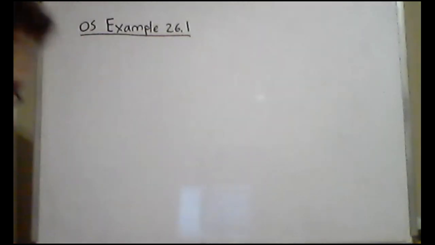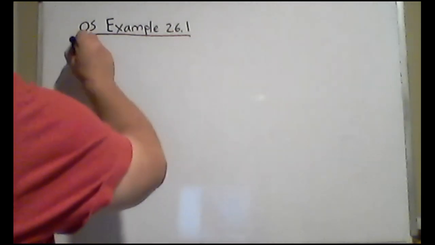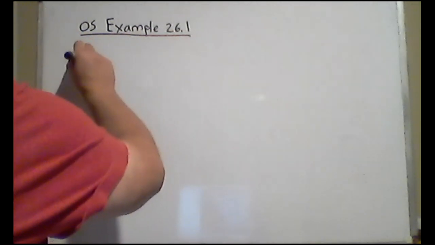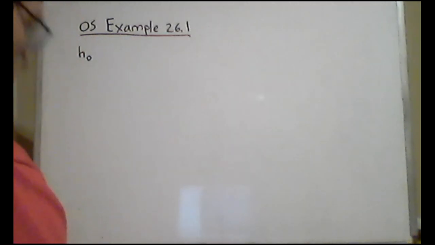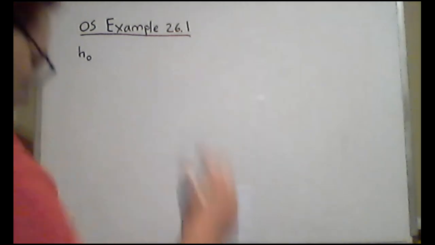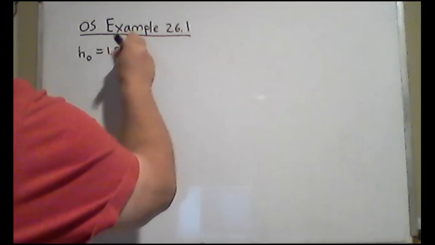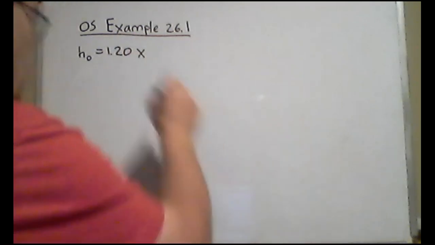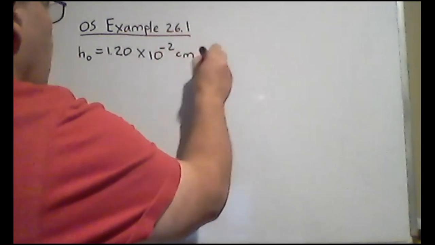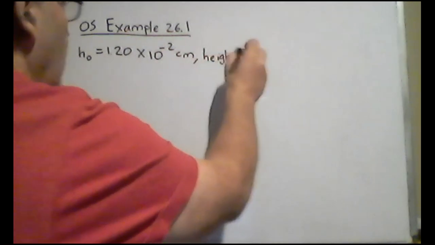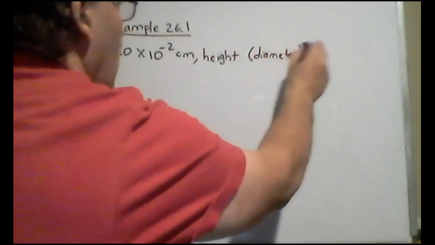All right, so what do we know? We're going to take the height of the object. We're going to imagine the human hair. We were given a diameter, and we're going to turn that diameter into a height. So that's 1.20 times 10 to the negative 2 centimeters, the height, or really the diameter, of the human hair.